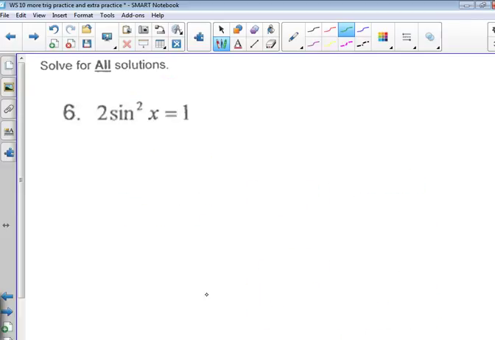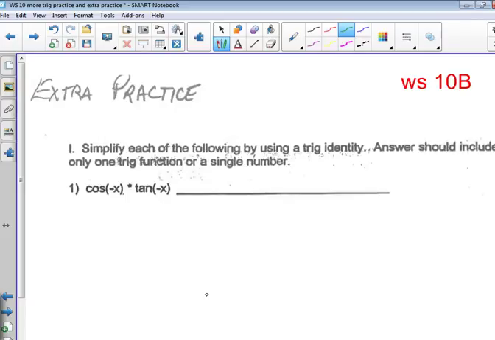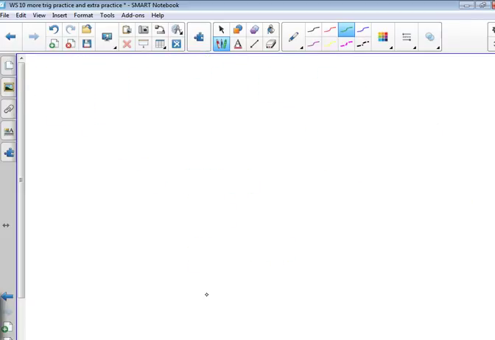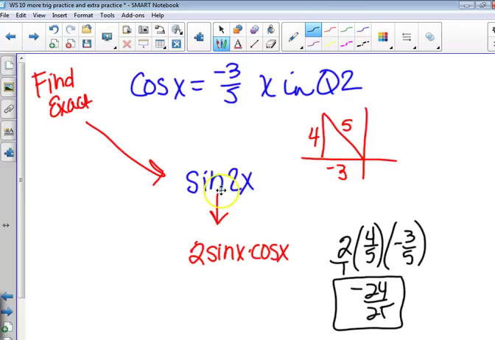Let me go over that. I got 30 seconds. I'm going to go back to this question I was just doing a second ago that I made up. Okay, what if instead of finding the sine of 2 theta, it had said find the cosine of x over 2? You go to this sheet and it says plus or minus the square root of 1 plus the cosine divided by 2. You have to decide plus or minus. If I'm in quadrant 2 and I cut an angle size in half, it's going to end up in quadrant 1.